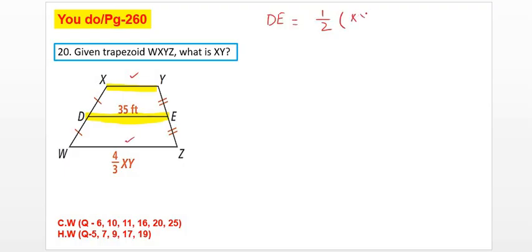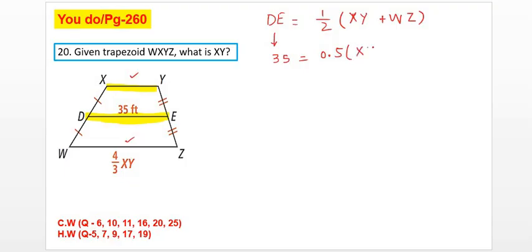So I have to write over here XY plus WZ. Let's put the values into it. Now how much is DE? It's 35. So DE could be replaced by 35. This 1 over 2, you can write as 0.5. It will be easy for you to deal with 0.5.